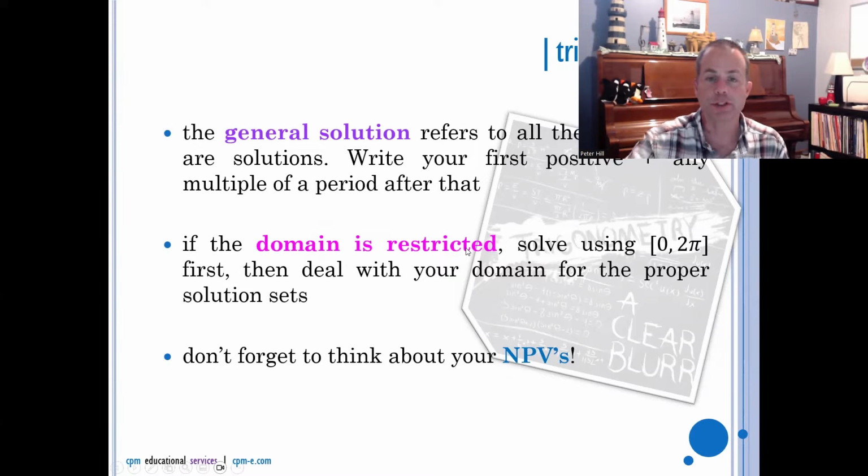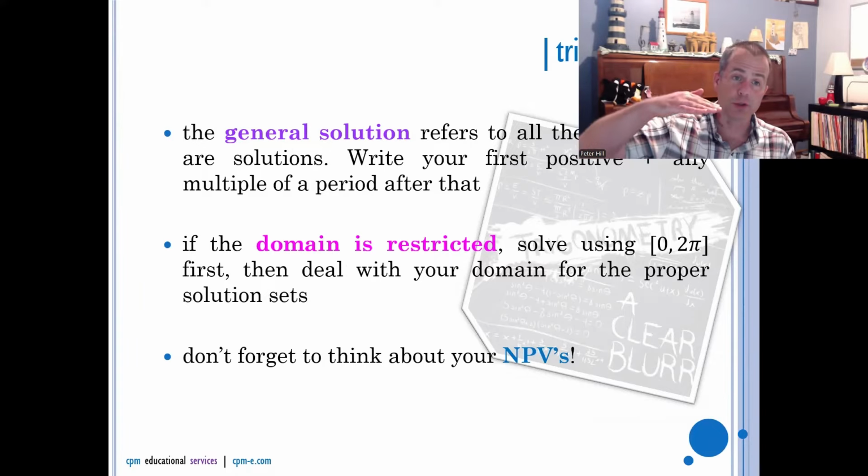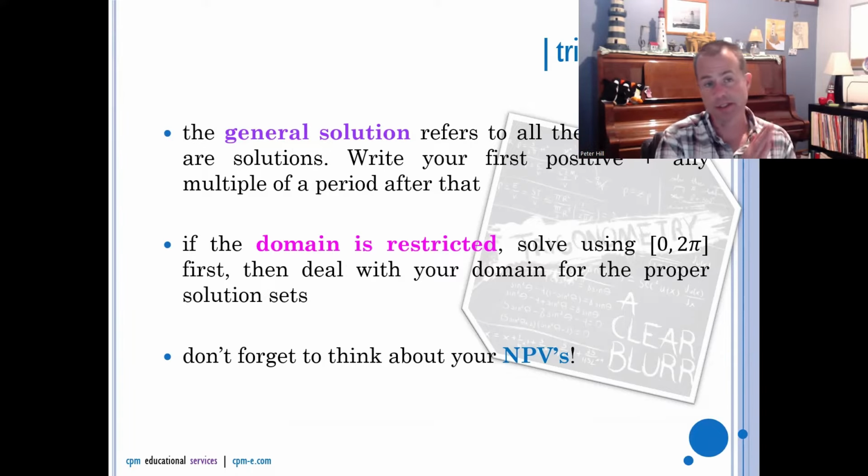If the domain is restricted, now different teachers are going to teach us different ways. Sometimes, especially when we get into negative domains, some teachers will tell you, hey, we're going to go clockwise on the unit circle instead of counterclockwise on the unit circle. If you're cool with that, that's awesome. That's like the beautiful math way to do that.